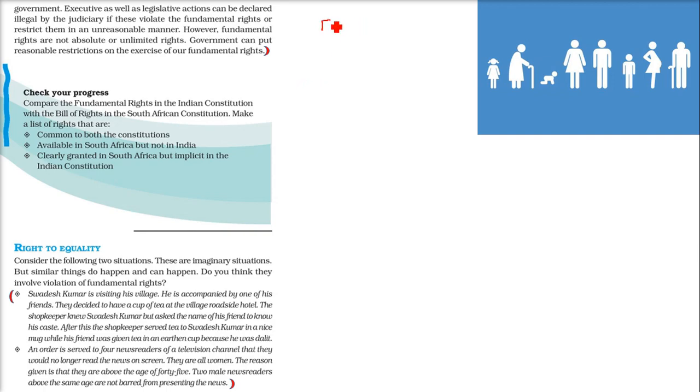If the executive or the legislature make certain illegal things, those kanun, those niyam, those regulations which violate the fundamental rights or restrict them in some unreasonable manner, then the fundamental rights are guarded by the judiciary.